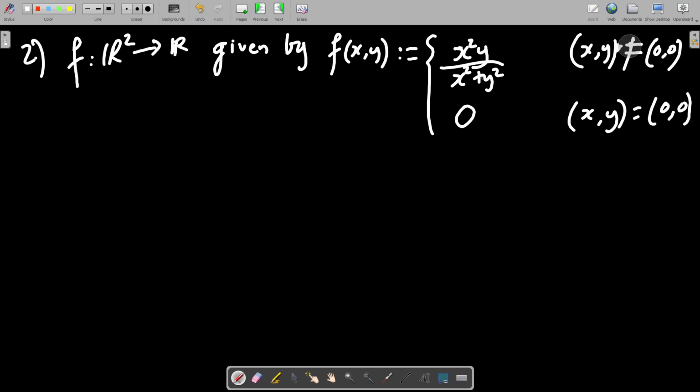This formula is not valid when (x,y) is (0,0), so you have to define it separately at (0,0).